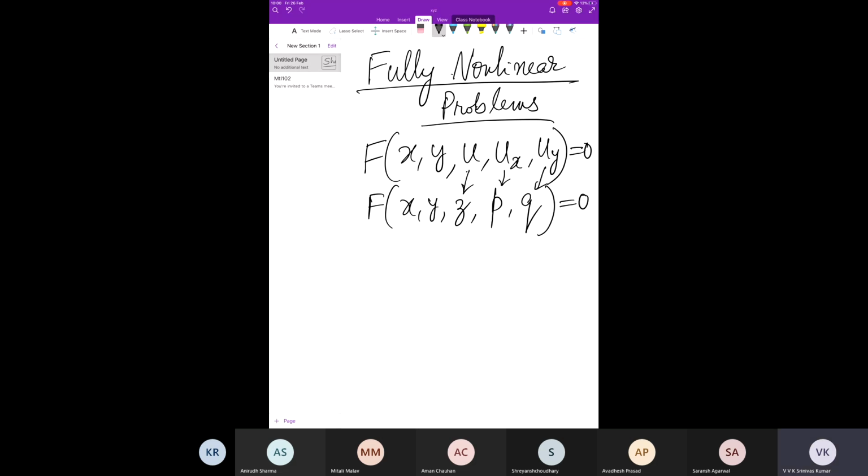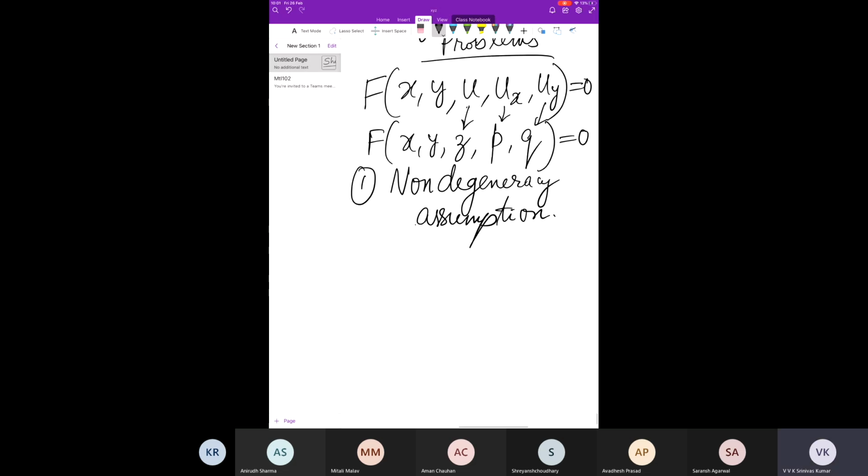So first of all, there is something called the non-degeneracy assumption. That is, we want to make sure that this equation is really of first order.